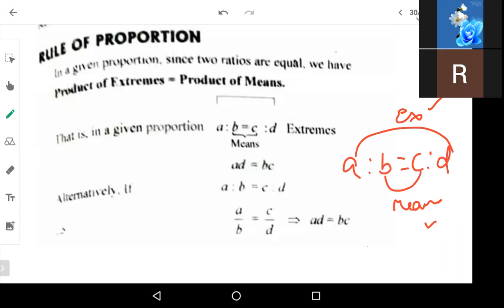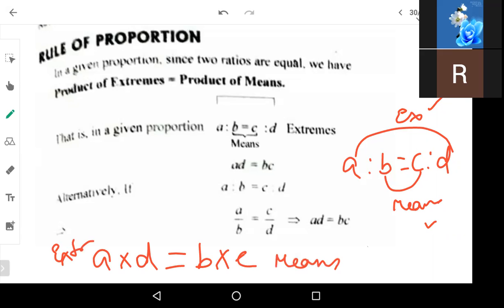Which means A into D is equal to B into C. We are going to solve maximum problems based on this rule only.